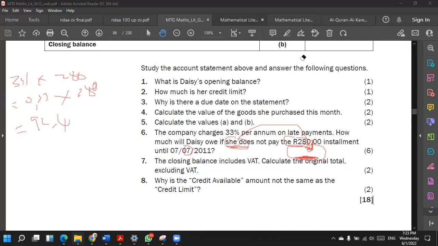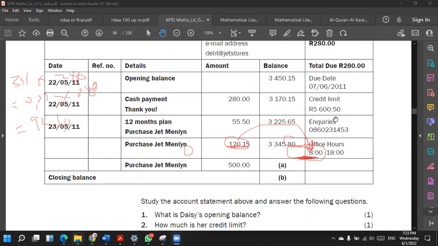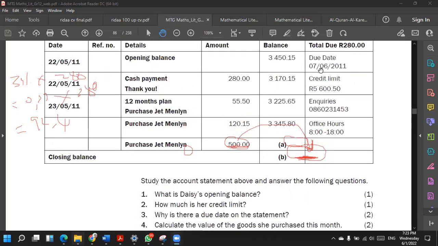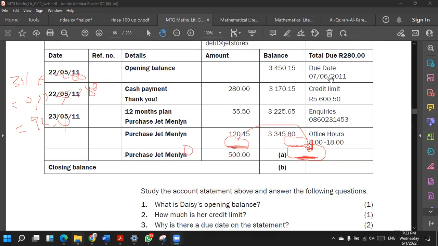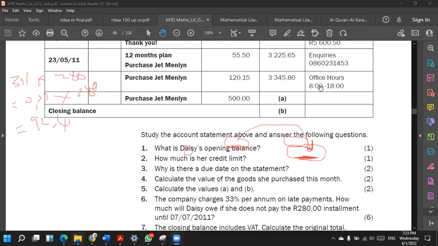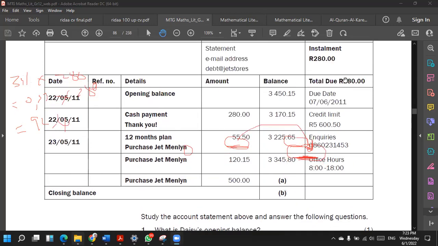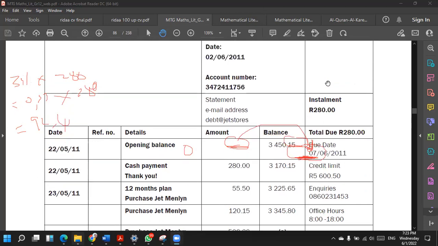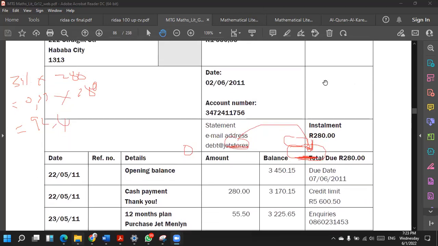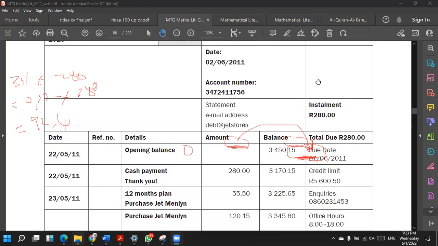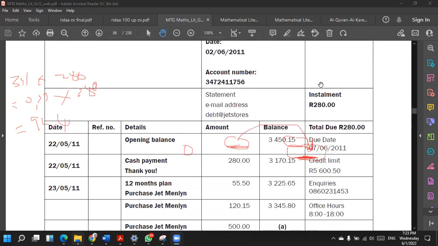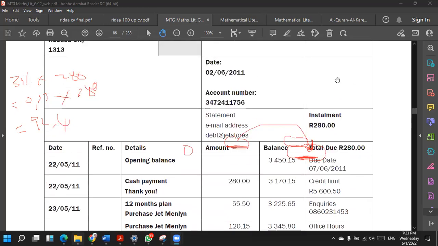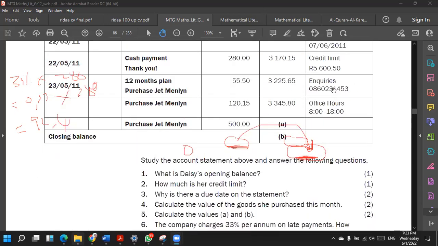Where are we now in this calendar? The due date is the 7th of June 2011.